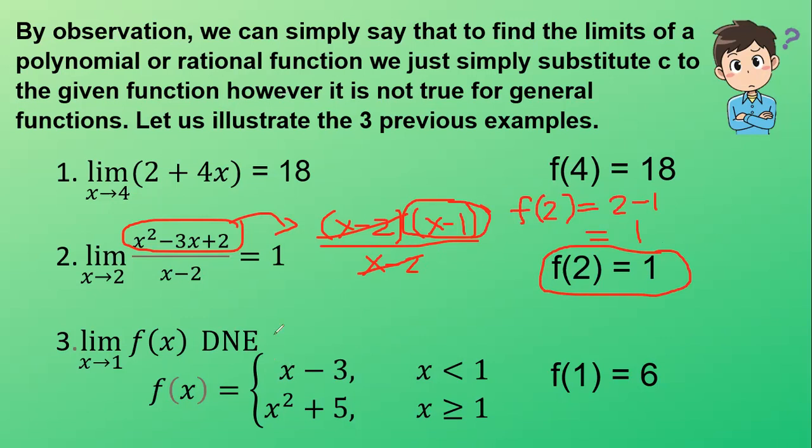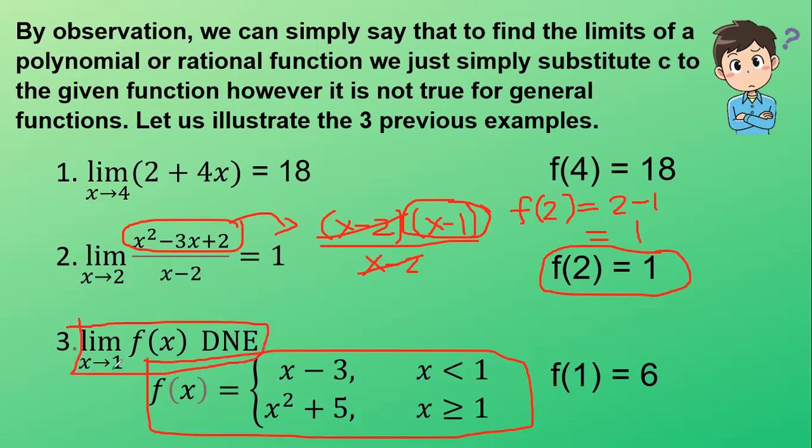Now, if our given function is a piecewise function, tinable natin to and we get the limit of the function from the left and from the right and hindi equal yung naging sagot. Thus, the limit does not exist.